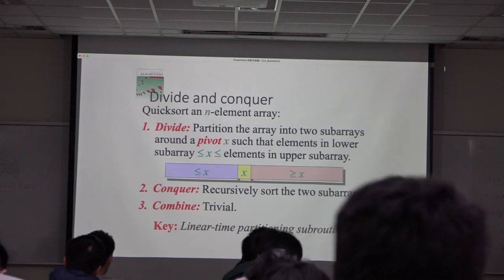Of course it depends on how you pick that pivot. So that's the divide.